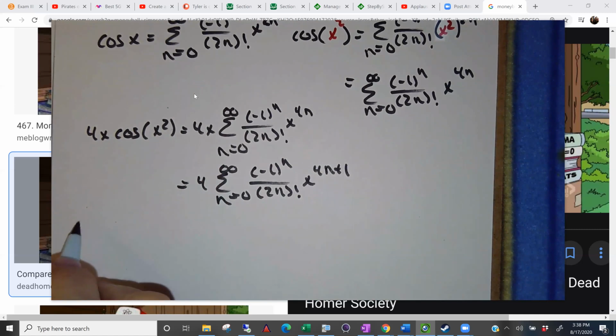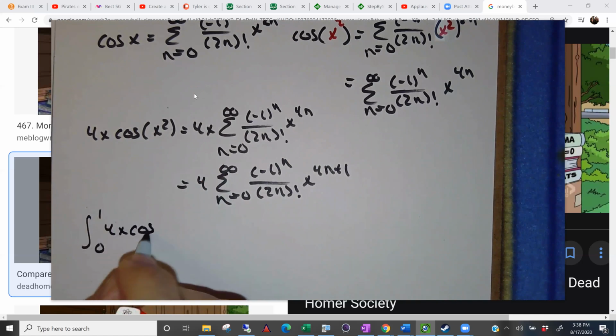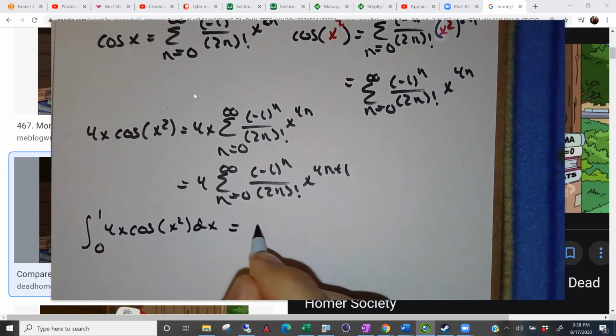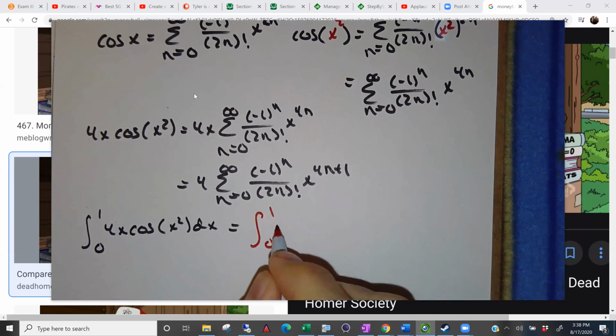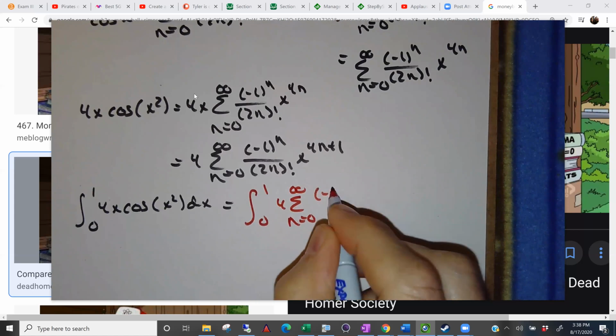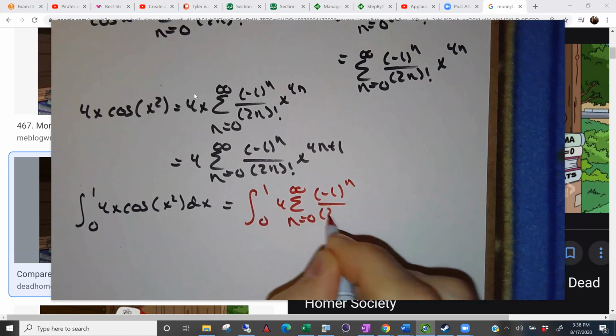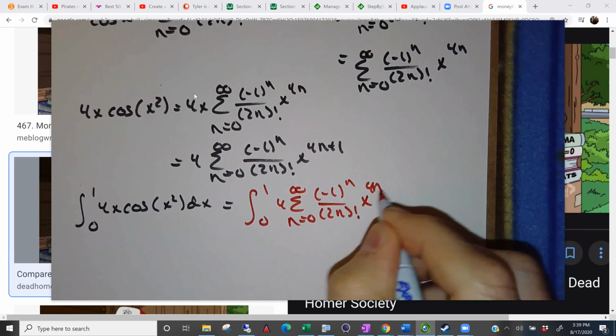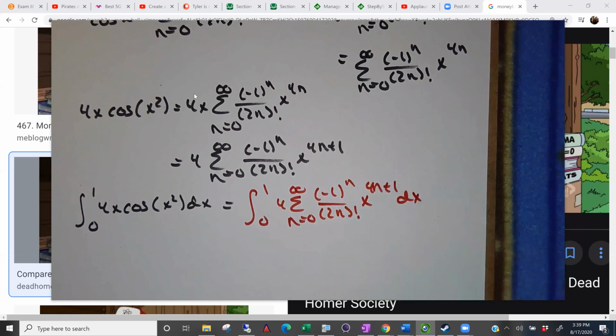Now, let's do the integral. 0 to 1 of 4x cosine of x squared dx is going to be the integral from 0 to 1 of 4 times the sum from n equals 0 to infinity of -1 to the n over 2n factorial x to the 4n plus 1 dx.